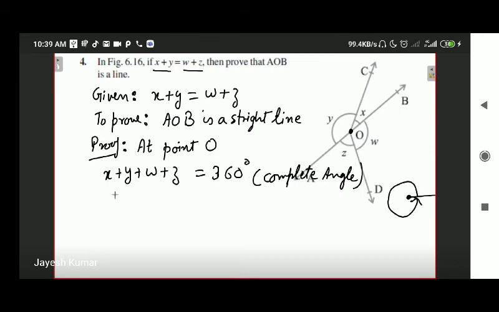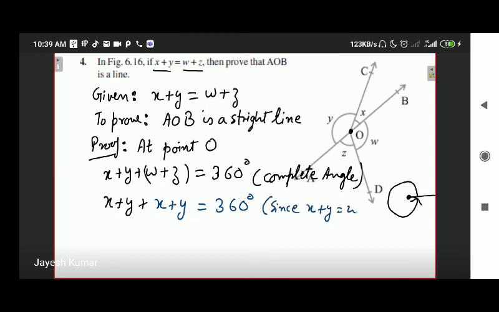Now, I already know that x plus y is equal to w plus z. So instead of w plus z, I am going to rewrite again as x plus y, because both of these are equal. Since x plus y is equal to w plus z, this is given to us.